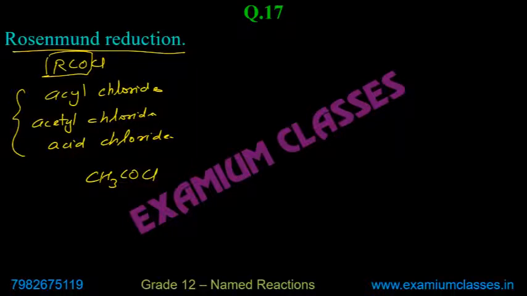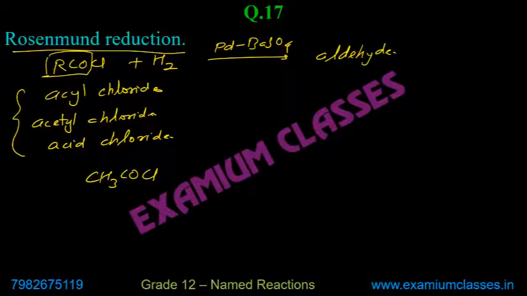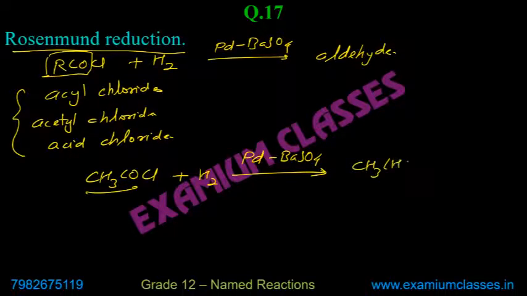So the Rosenmund reaction is simple: with hydrogen in presence of palladium and BaSO4 to obtain aldehyde. So plus H2 in presence of palladium, BaSO4, and there are two carbons, so it will be CH3CHO.